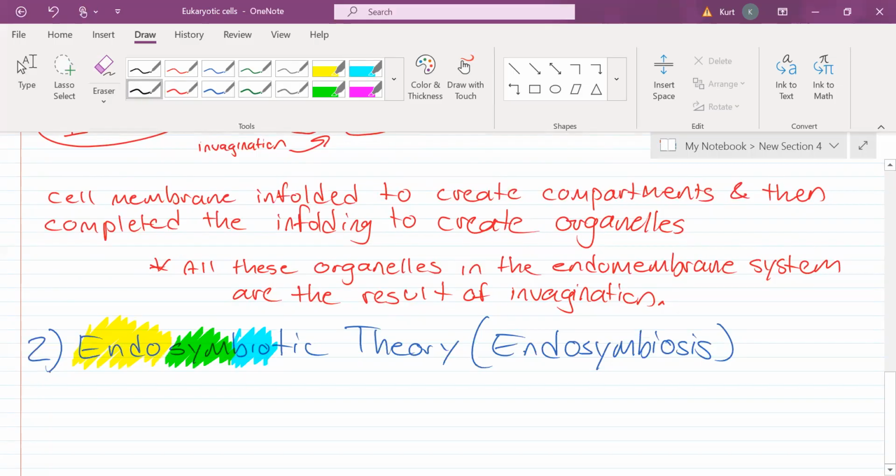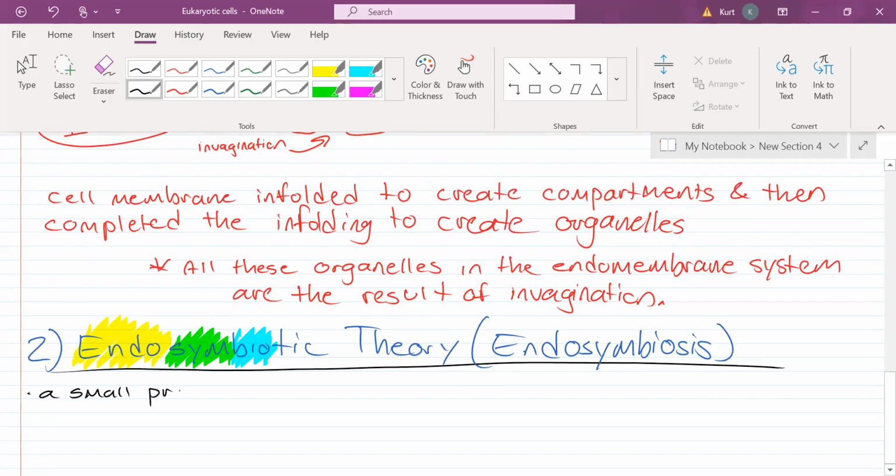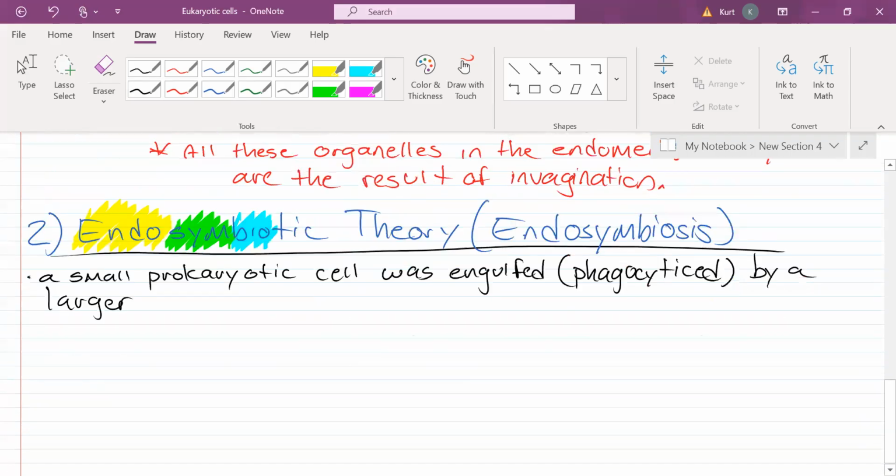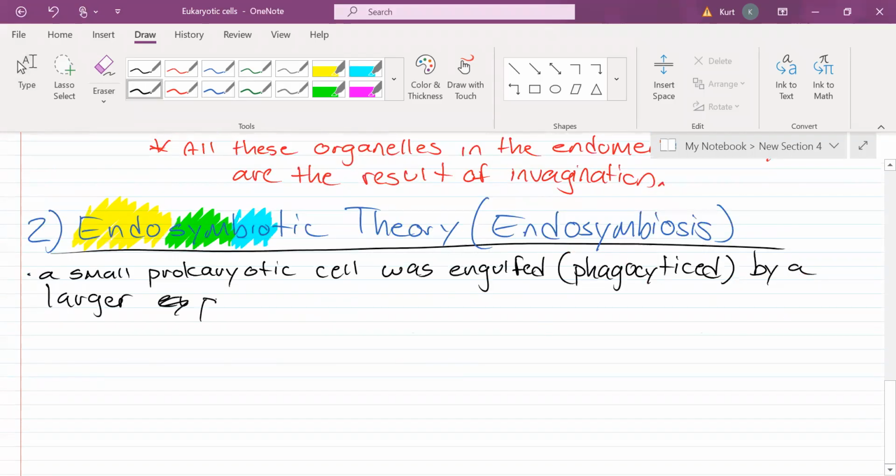So in this idea, you have a small prokaryotic cell was engulfed. And the actual word that we're looking for is phagocytized. It basically means that it was eaten for food by a larger prokaryotic cell.